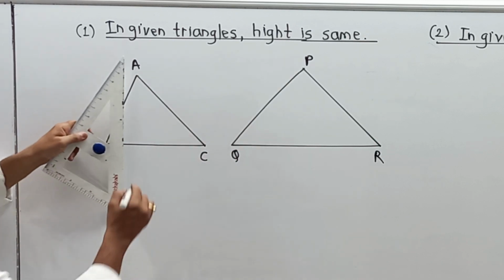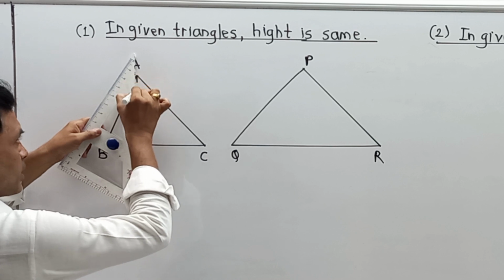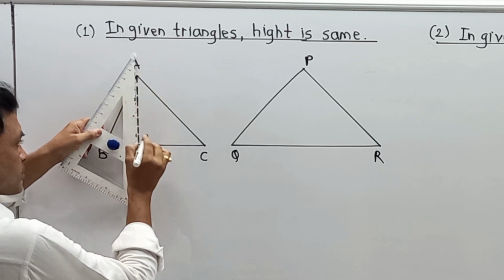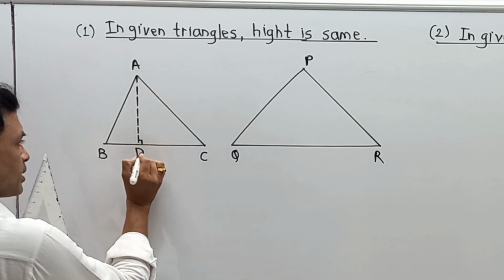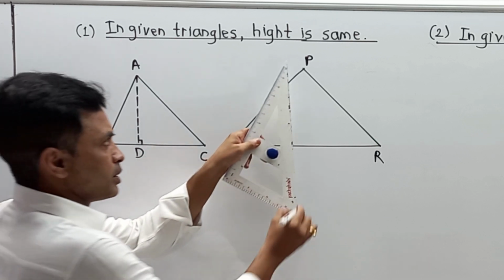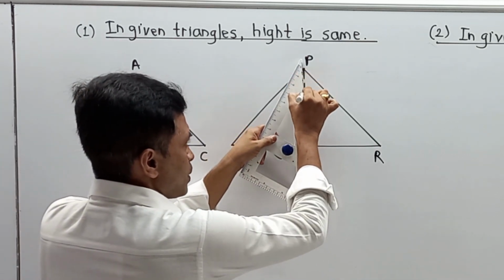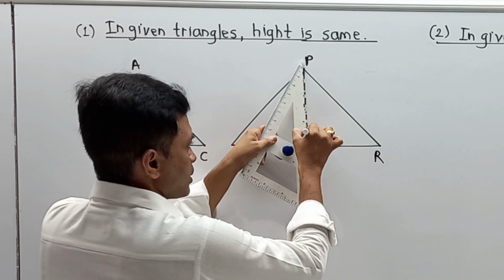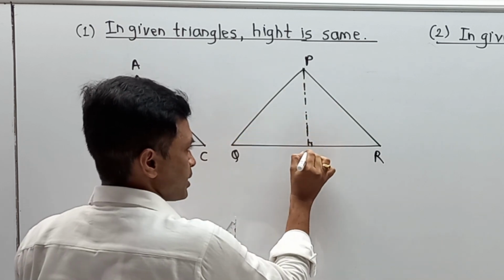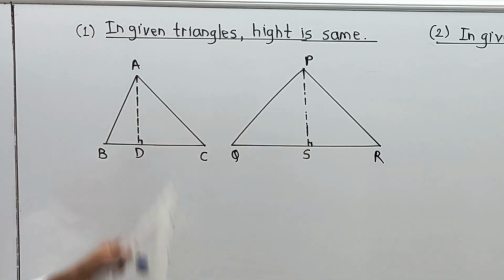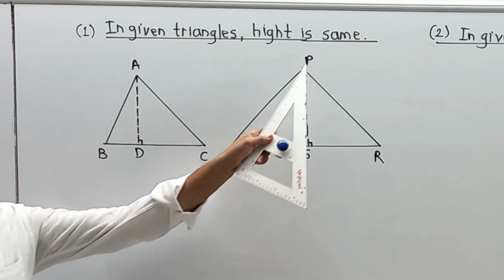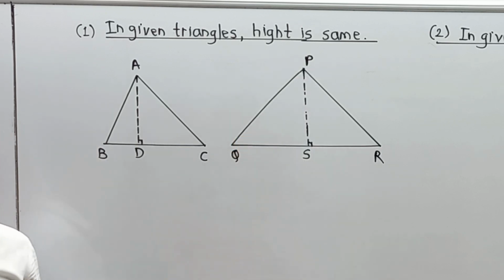Here you can say the height of the first triangle, that is AD, is exactly equal to the height of PS that I have drawn for the second. Means the height of the first triangle, that is AD, is exactly equal to the height of PS.